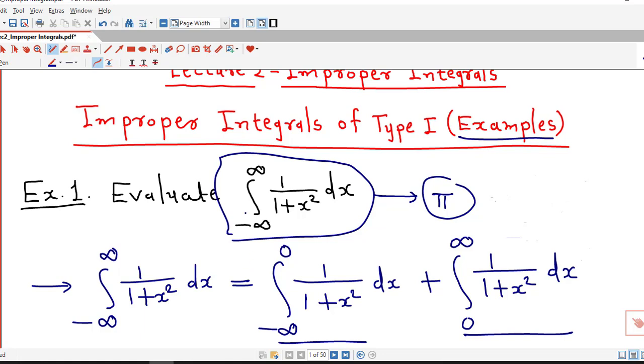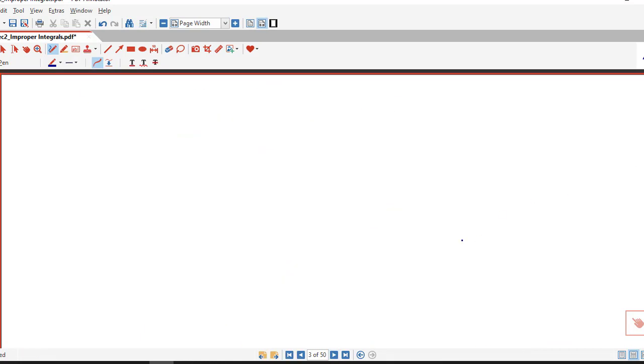Whenever we have limits of integration minus infinity to infinity, we have to break our integral into two improper integrals of type 1, and the given improper integral is convergent if and only if both the integrals are convergent, and if at least one integral is not convergent, the given integral is not convergent.